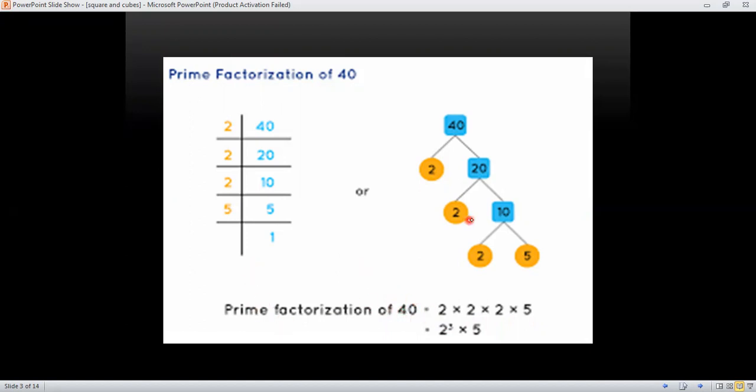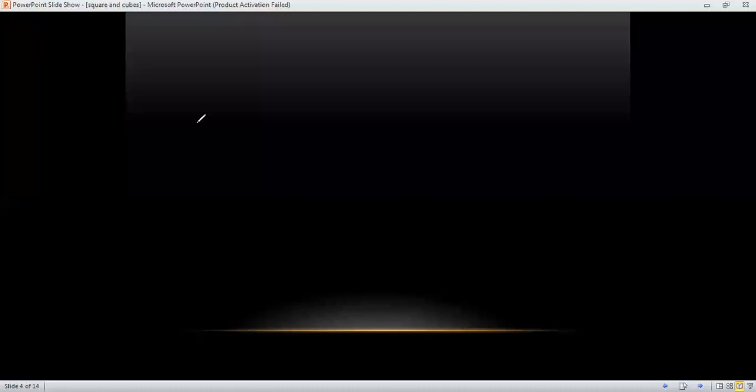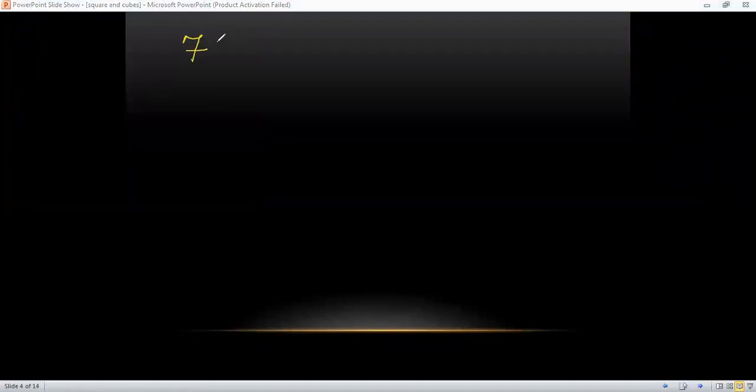Now, let's discuss how we find the square root by using this method. I am taking the number 729. Now I will find the factors of the number. By 2, it will not be divisible, so I will take 3.